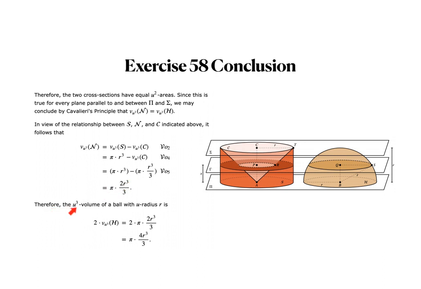So therefore, the volume of the ball with radius r is 2 times that, because this is a half ball. So 2 times 2 pi r cubed over 3 simplifies to 4 pi r cubed over 3, which happens to be the volume that we looked at earlier of a ball, 4/3 pi r cubed. Pretty cool.